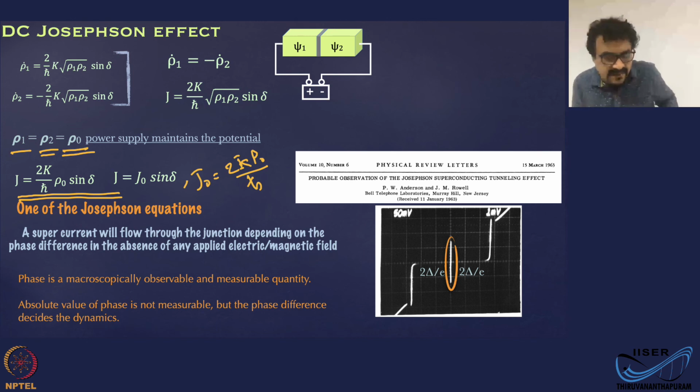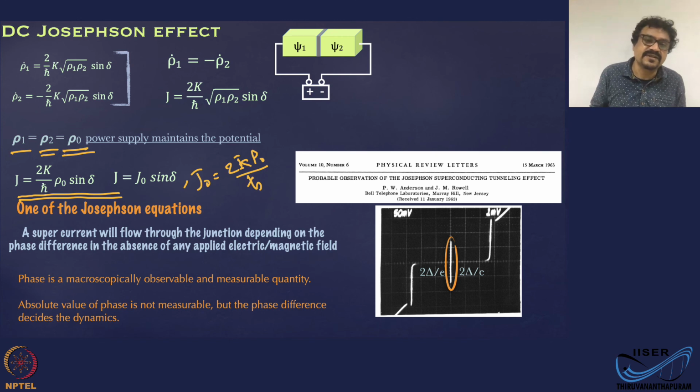Now we have a very interesting situation here: a Cooper pair current, or supercurrent, will flow through the junction depending on the phase difference, in the absence of any applied electric or magnetic field.